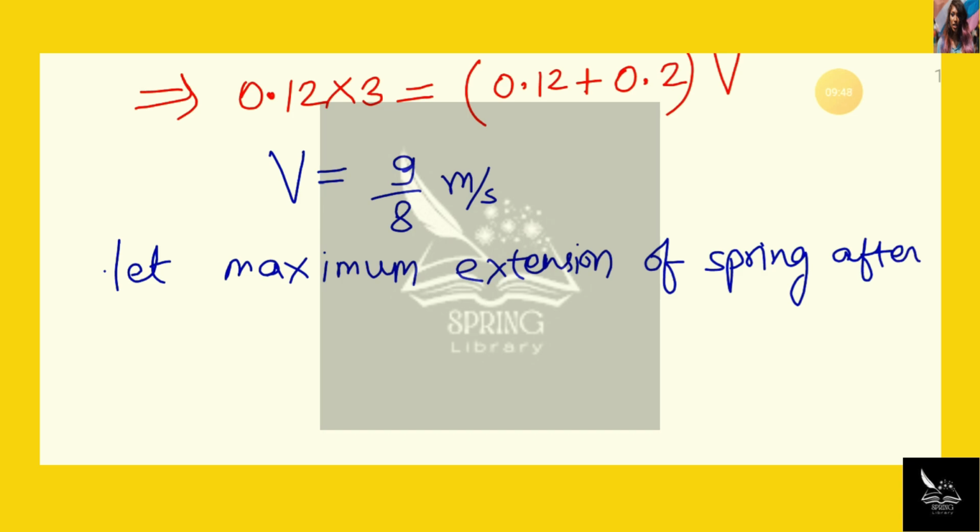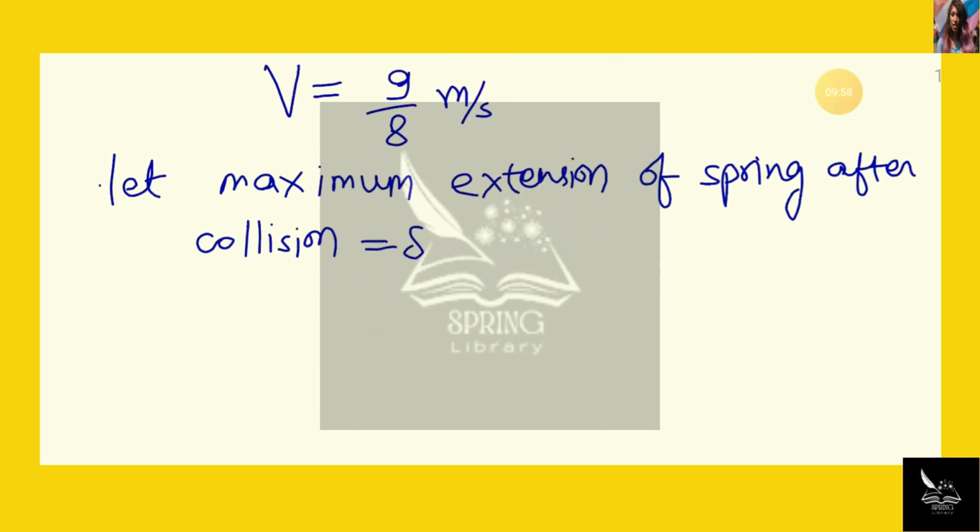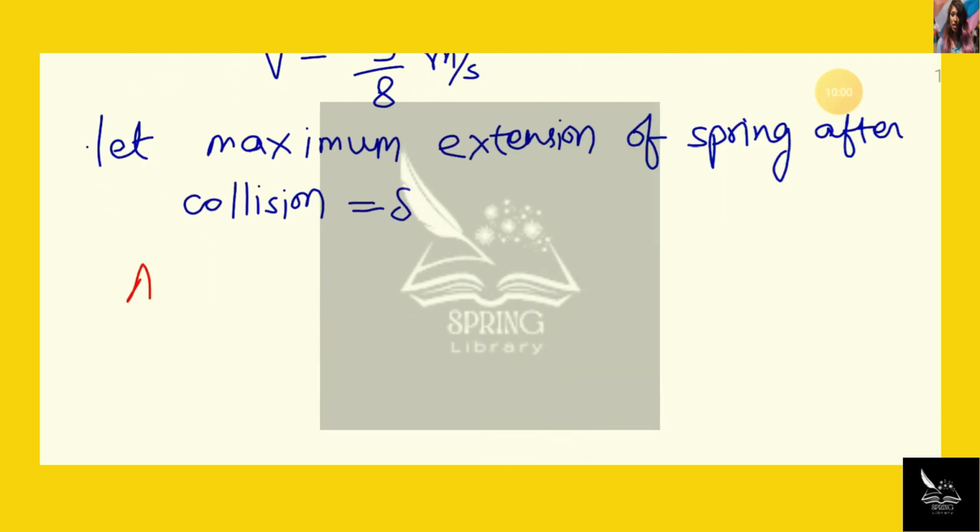So my next step is, here I am using the law of conservation of energy. According to the law of conservation of energy, the initial energy of the system before collision will be equal to the final energy of the system.